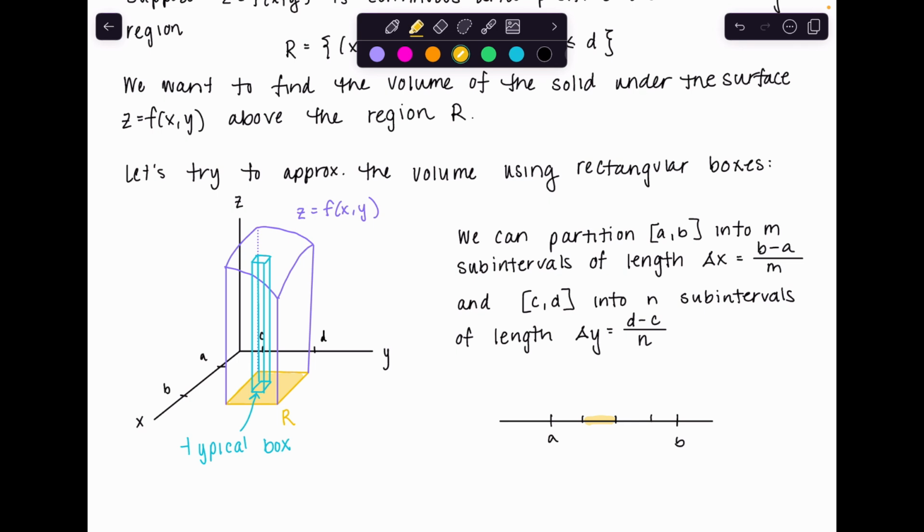So we can do the same thing here on this grid. I can pick any point I want to find the height of my box. Because when I go to find the area of this base, it is length times width. Well, the length is delta x, the width is delta y. So all I need is my height to get my approximating volume.